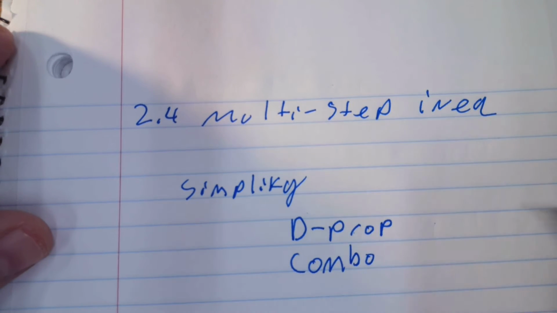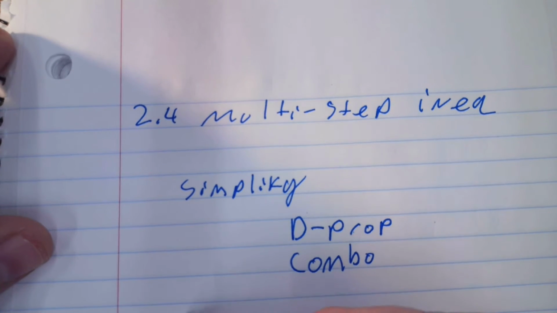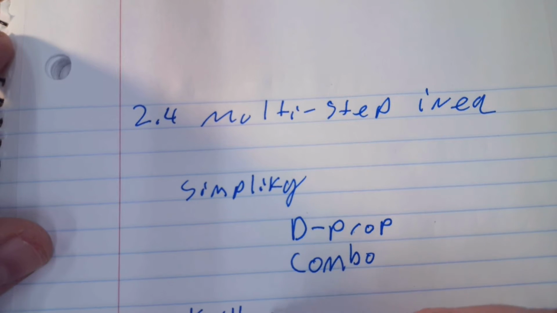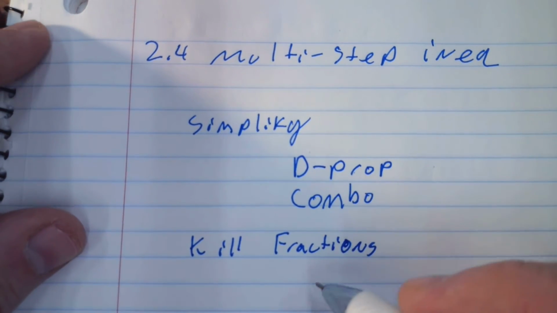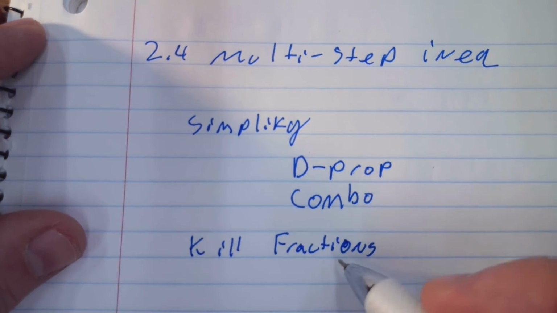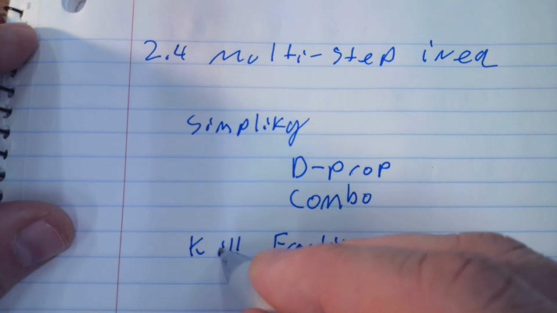After that, we're going to kill fractions. If there's any fractions, we're going to use either cross multiplication or just multiply by the denominator. Those are our two techniques to kill fractions.